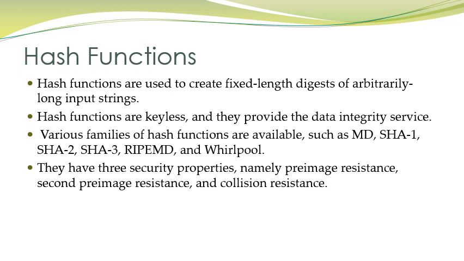And they provide the data integrity service. There are various families of hash functions such as MD, SHA1, SHA2, SHA3, RIPE MD, Whirlpool, and these hash functions have three security properties, namely pre-image resistance, second pre-image resistance, and collision resistance. So we will see these properties in the next slides.